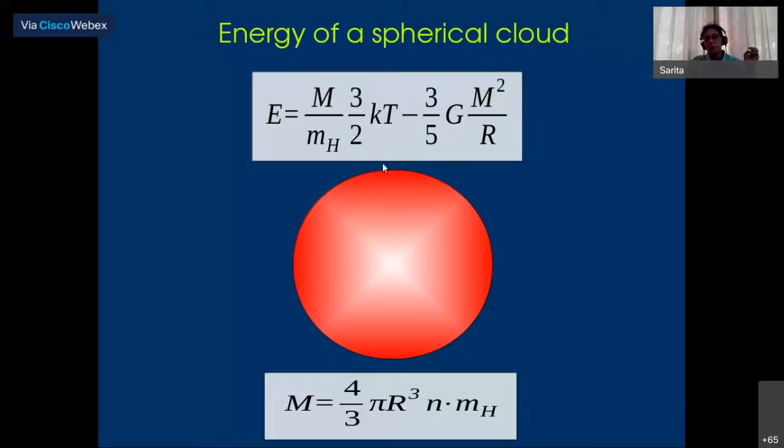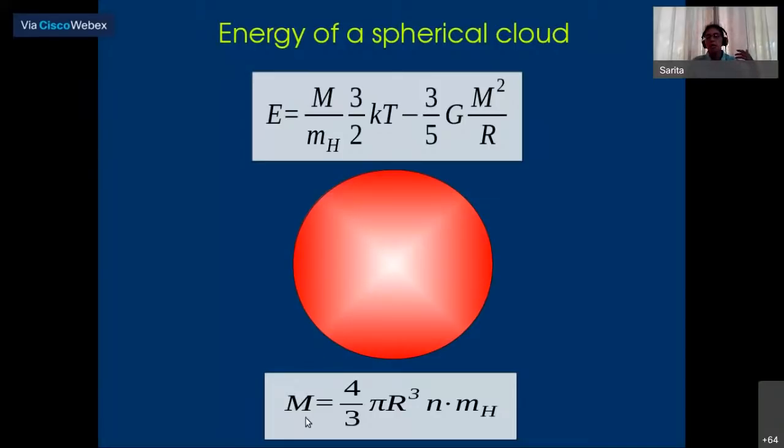The reason I have written it like this is because this term tries to collapse the gas, right? Whereas what is the effect of this term? This term is very random. If you give more kinetic energy, as you increase the temperature of the system, it is going to expand, right? So these two act in the opposite direction. That's why the signs are opposite.